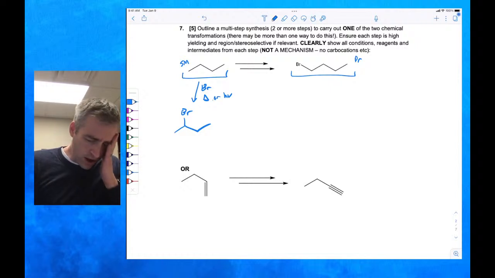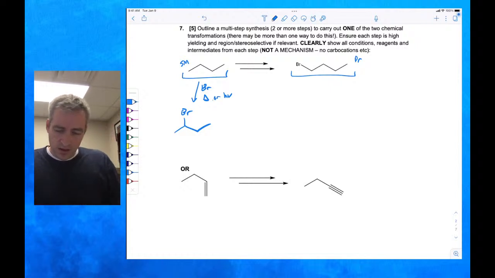Now, if you look at your product, we have a bromoalkane, but the bromine's in a different position. Bromine's in the 1 position, not the 2 position. So sometimes there's 2 ways to handle this. You could either start forwards from the starting material, think of reactions that'll bring you forward until maybe you blunder across the product, or you can work backwards, starting from the product, and think about a reaction that can make that molecule.